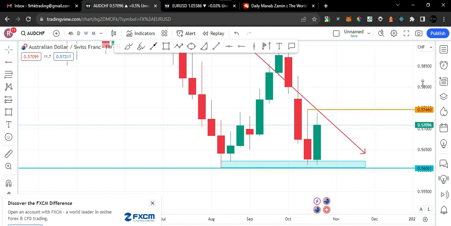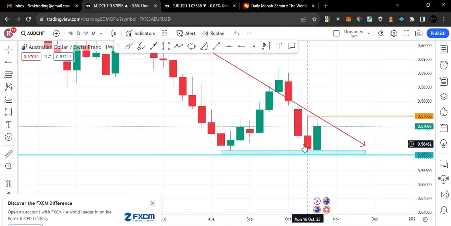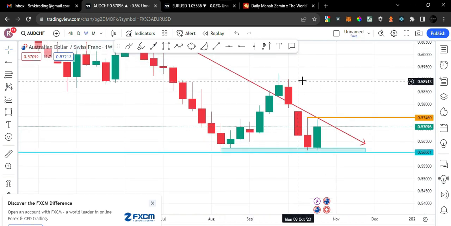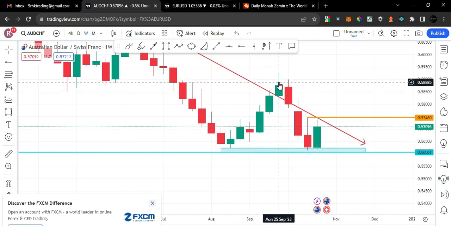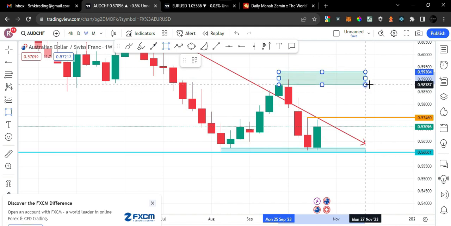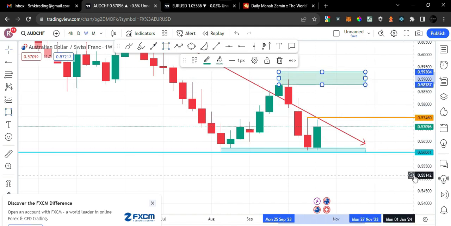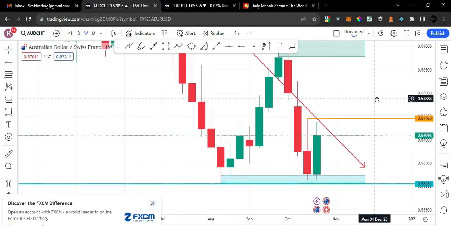This is the place where it has formed the double top, and here it formed the double bottom, and the double bottom has been formed from this double top. If we draw the double top here, we can see that this is the space we have.